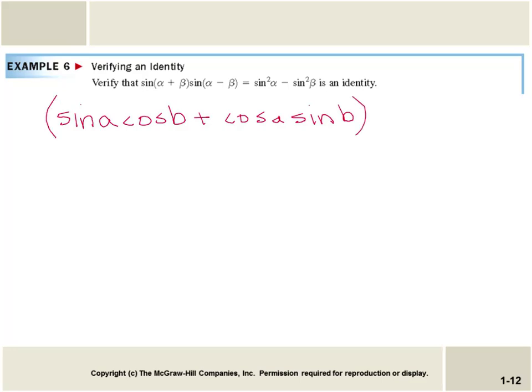And I'm going to multiply that by sine alpha cos beta minus cos alpha sine beta. Okay? So all I did is expand them using my sum and difference identity. Does everybody see what I mean?